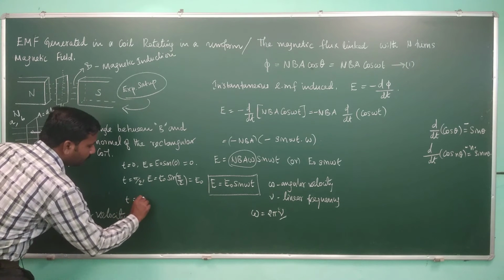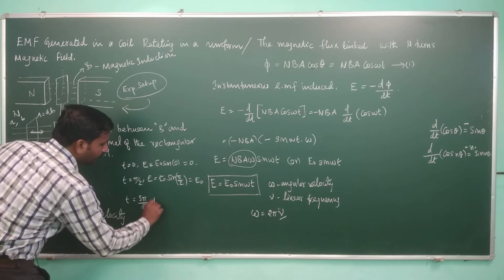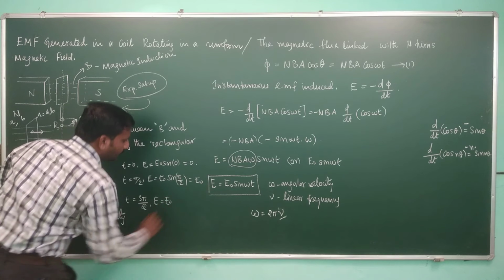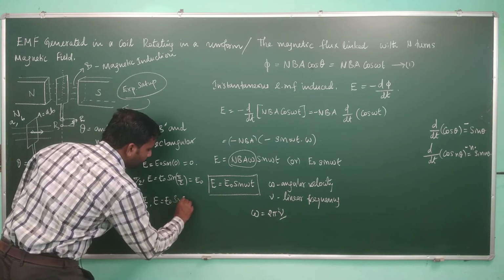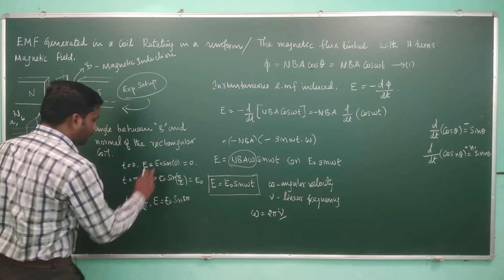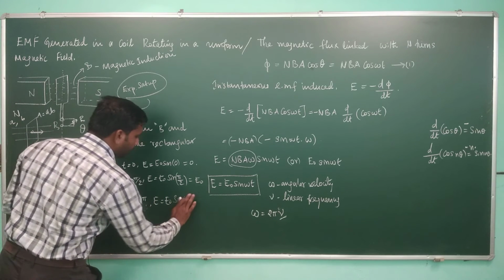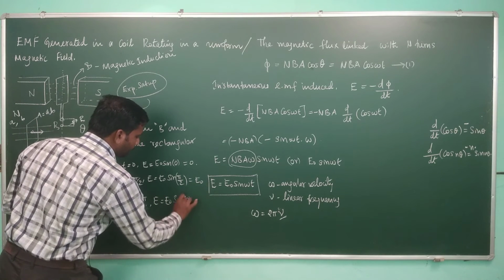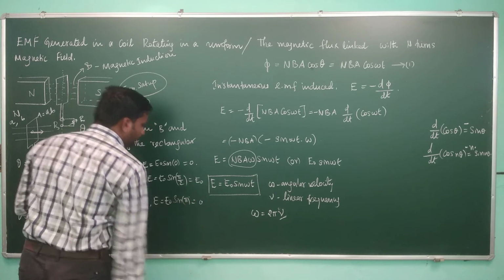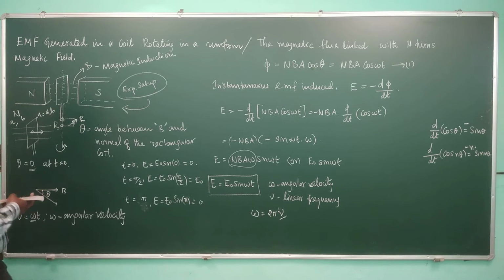Then for t equal to pi, E becomes E naught sine pi, which is also equal to 0, because sine pi equals 0.